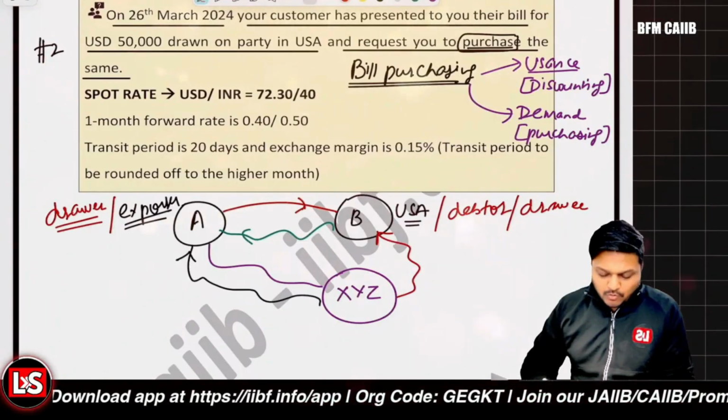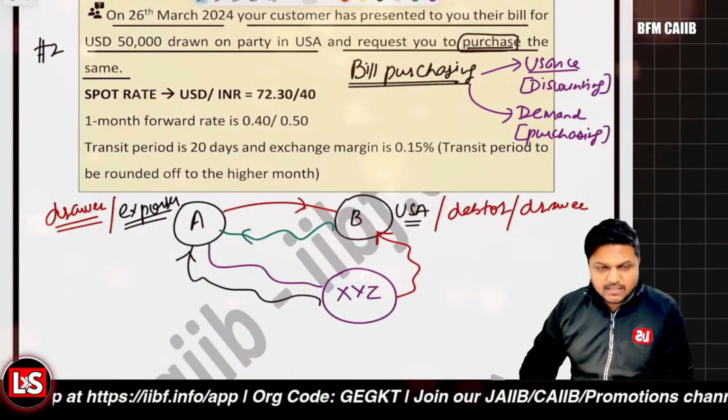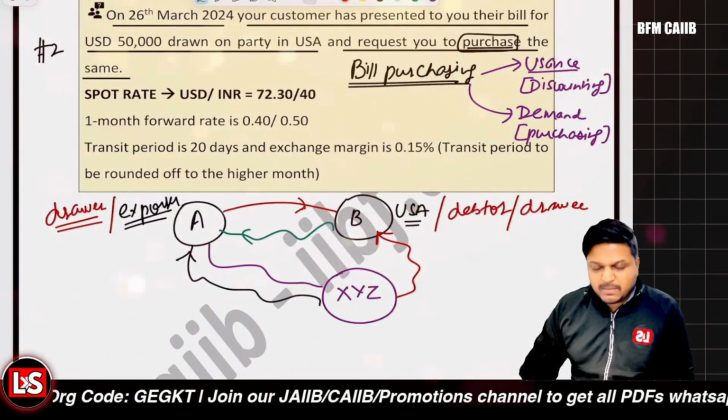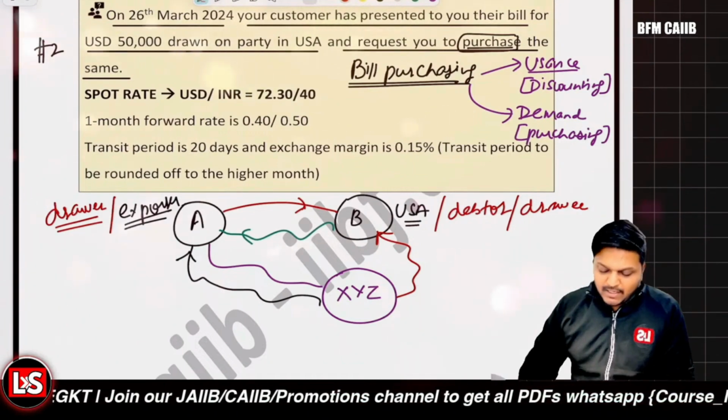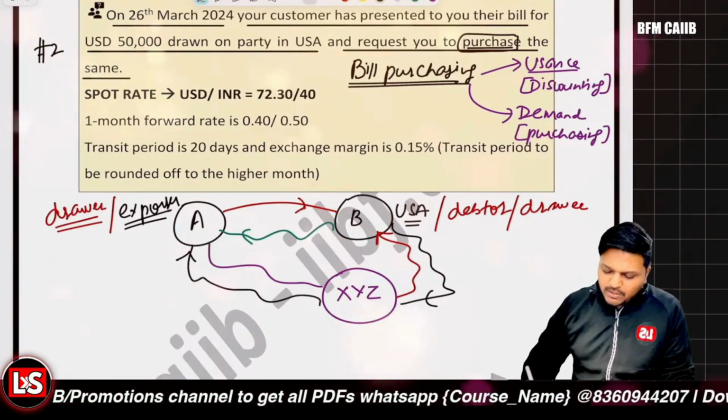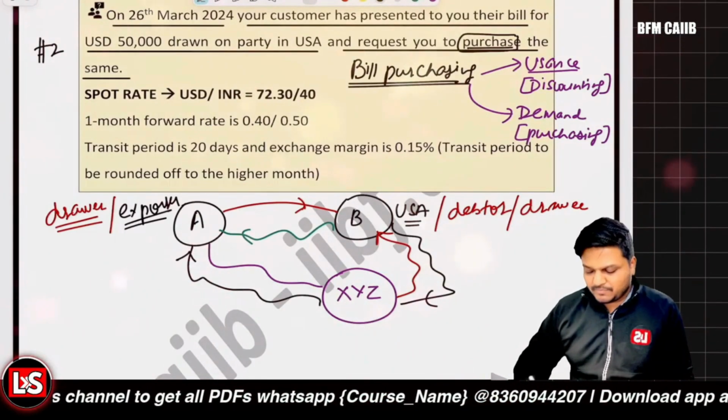XYZ is in the hometown of A, and B is in another country, and XYZ bank through its correspondent bank will present this bill to person B, and on presentation the amount will be repaid by the importer to the XYZ bank here.